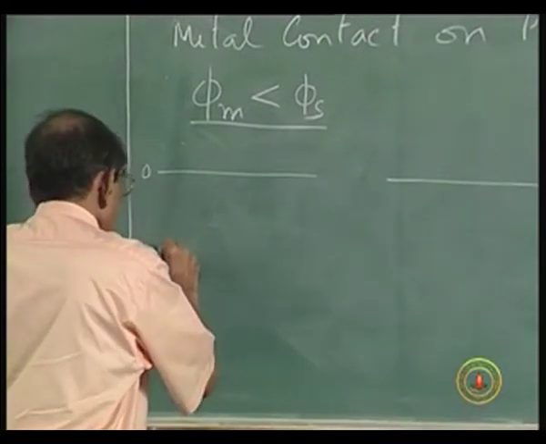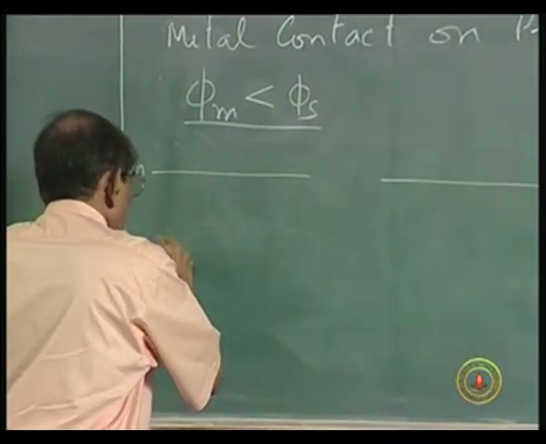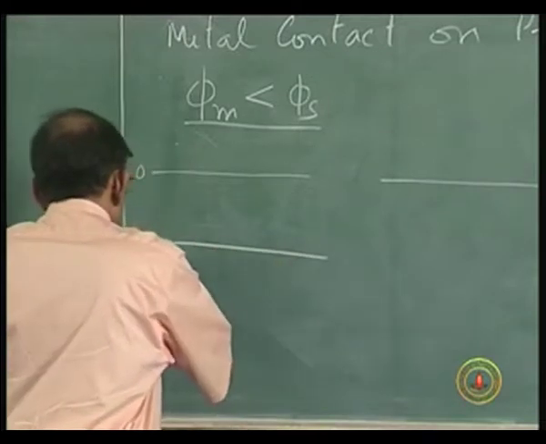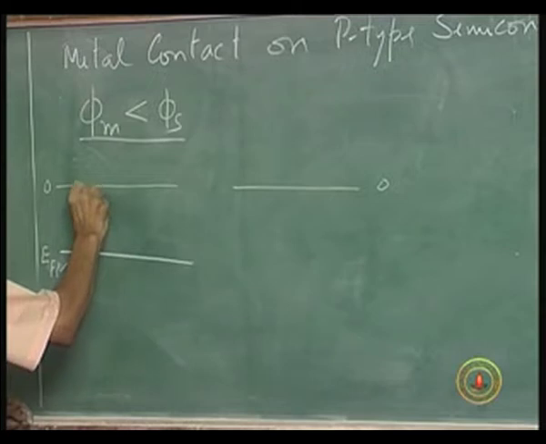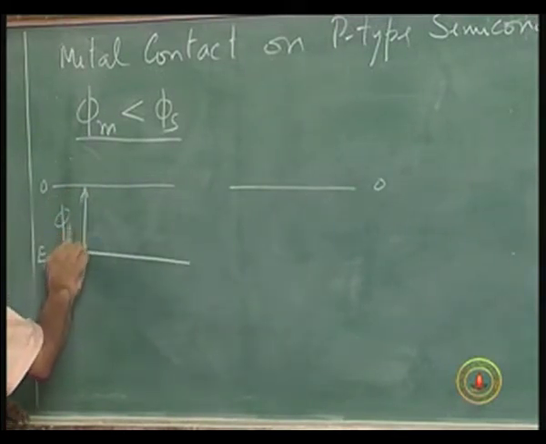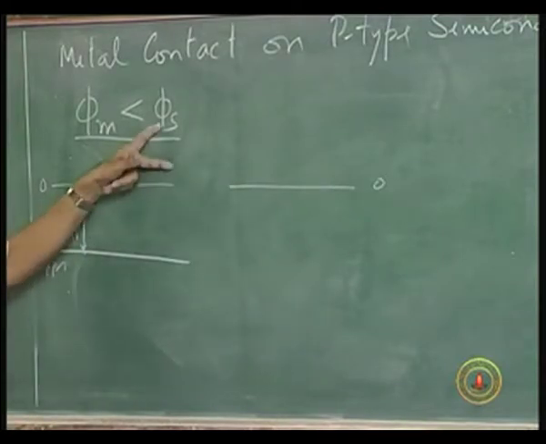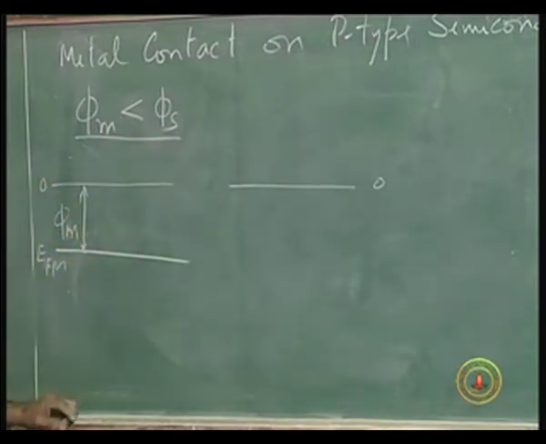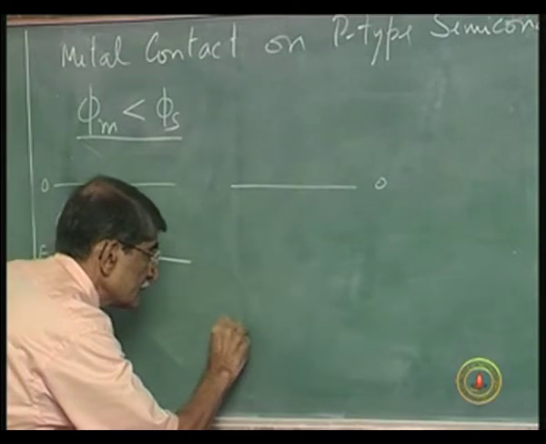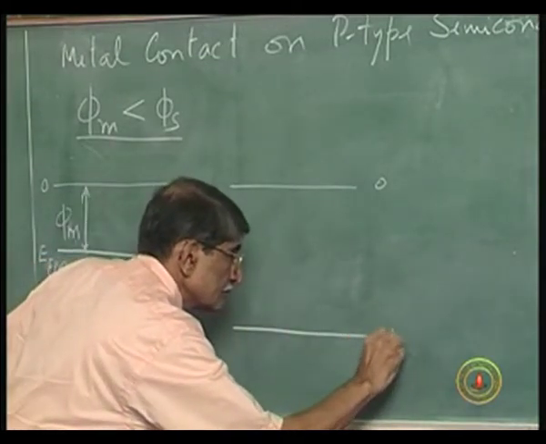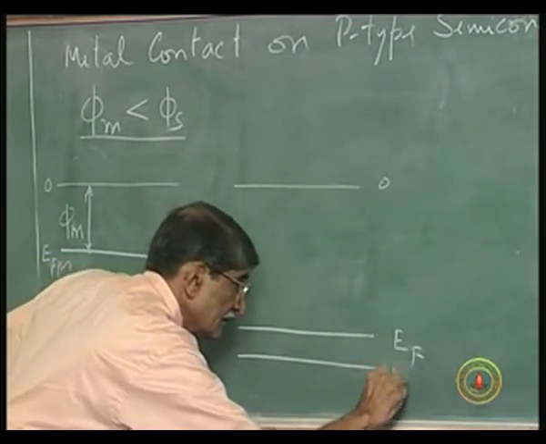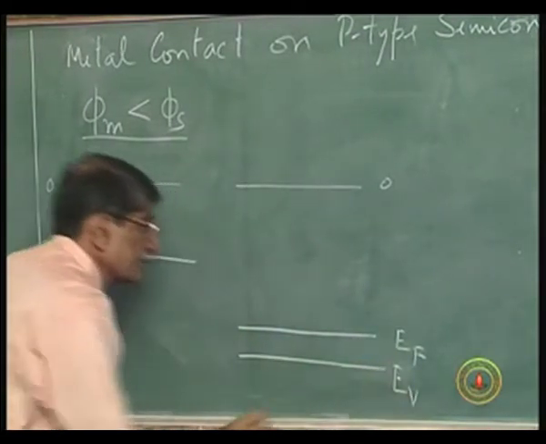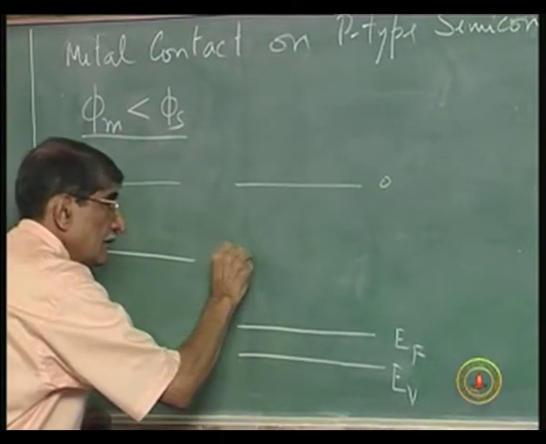So, this is the EF, that is phi m, and this is smaller than phi of s in a p type substrate. So, you will have this way down here, and p type semiconductor. So, EC is here, close to the valence band, and the conduction band maybe here.